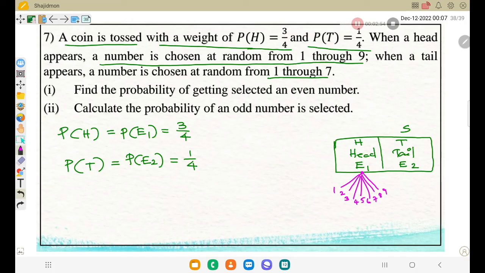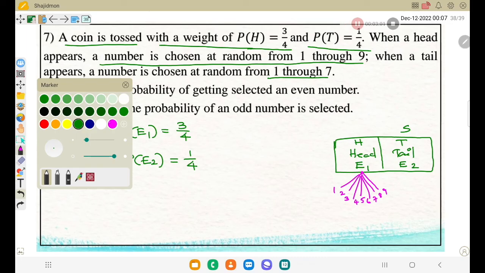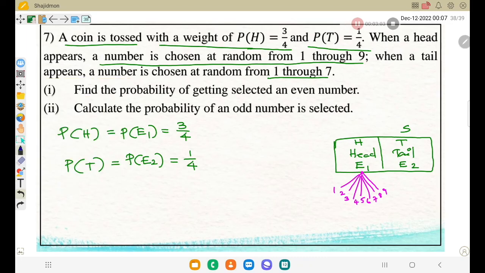When a tail appears, a number is chosen at random from 1 to 7: 1 2 3 4 5 6 7. If it is head, we choose one number from 1 to 9. If it is tail, we choose one number from 1 to 7, correct?